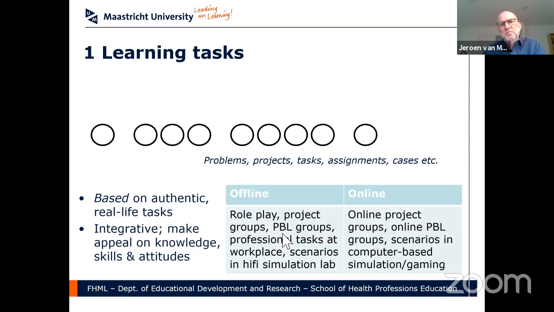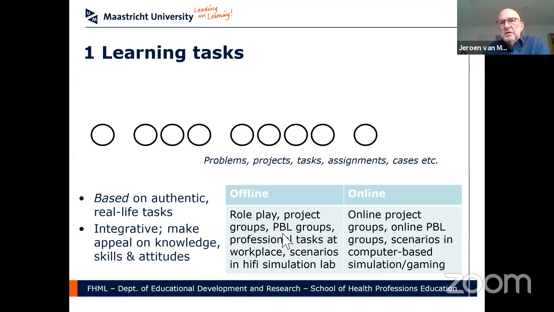Then the question, should we provide these learning tasks offline or online, face-to-face or on the computer? Well, I already indicated in the 4C/ID model, it's both possible, and there is not a fundamental difference. In an offline situation, we can apply role play or have project groups or PBL groups or professional tasks that are performed at the workplace, or use scenarios in a high fidelity simulation lab or a skills lab.